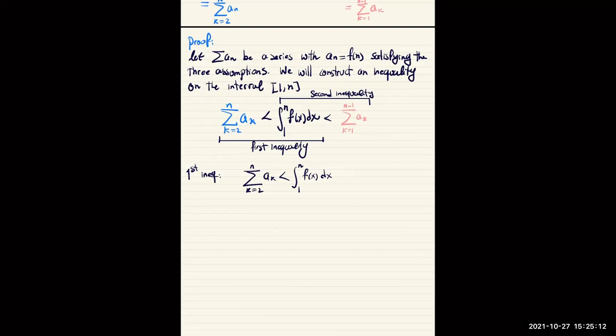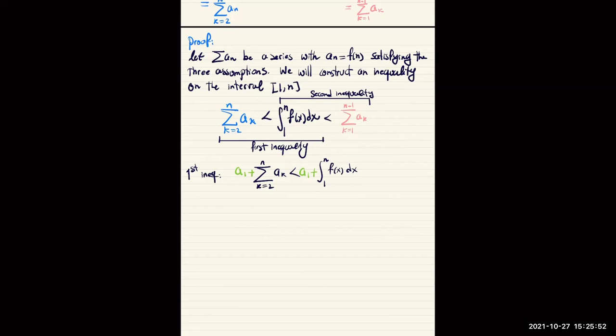To make this begin with 1, just add the first term, a1, to that sum. So I'm just going to do a1 plus the left-hand side of the inequality and also a1 plus the right-hand side of the inequality. By properties of inequalities, you can add or subtract a number to or from both sides, and the inequality doesn't change.